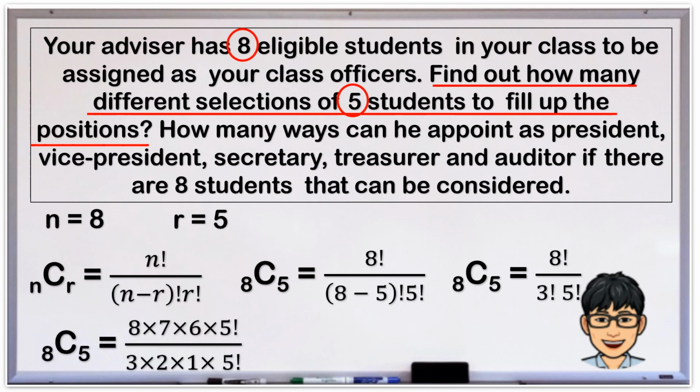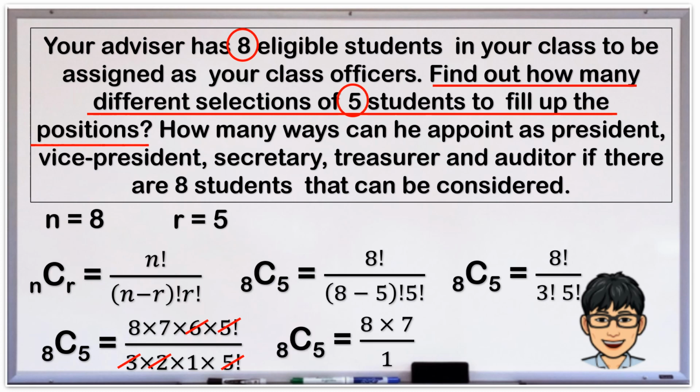To simplify, we have 8 times 7 times 6 times 5 factorial divided by 3 times 2 times 1 times 5 factorial. So dito, we can now divide 5 factorial by 5 factorial, and that is equal to 1. Also, we can divide 6 by 3 times 2.